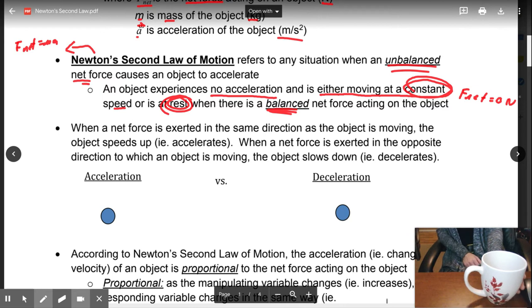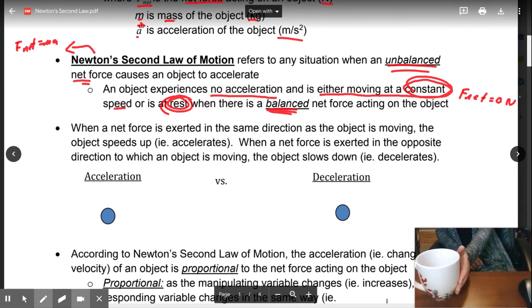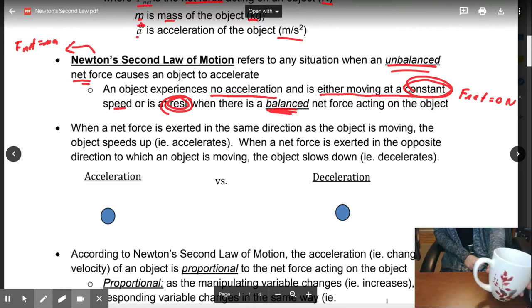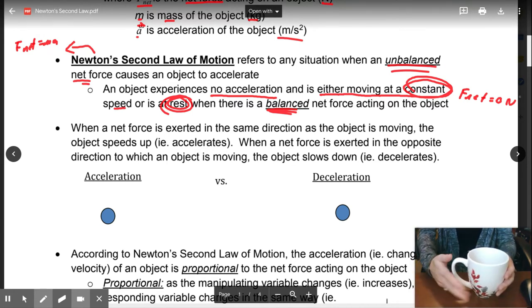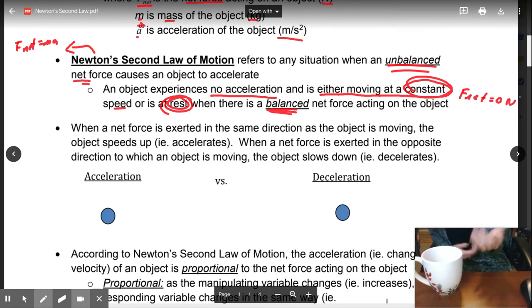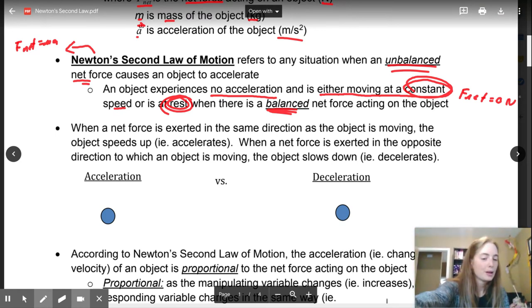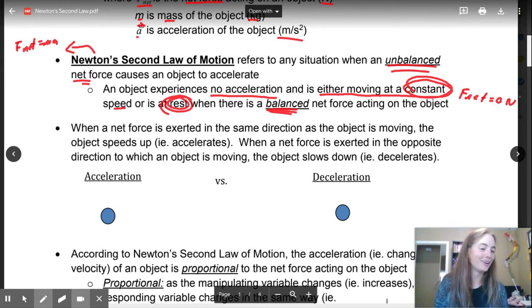Whereas if I'm just moving the mug at a constant speed, that is a balanced force. Notice how the mug is not accelerating here. The force of friction, which is slowing the mug down, is equal to the force that I am applying to that mug. So unless the mug is accelerating, there is not a net force. Sounds good? So, ladies and gentlemen, super important, that actually is going to come into play to impact your calculations. So we will talk about that a little bit later.